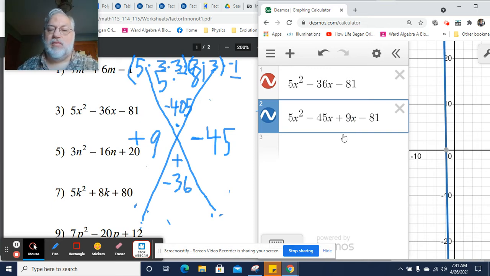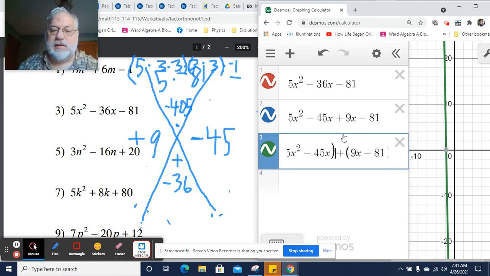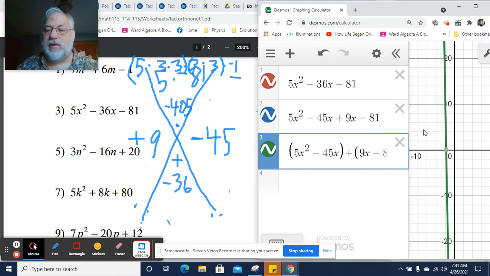And then I'm going to group them. I'm going to group this. I'm going to group this. I will stretch out that cell so you can see what the heck is going on.